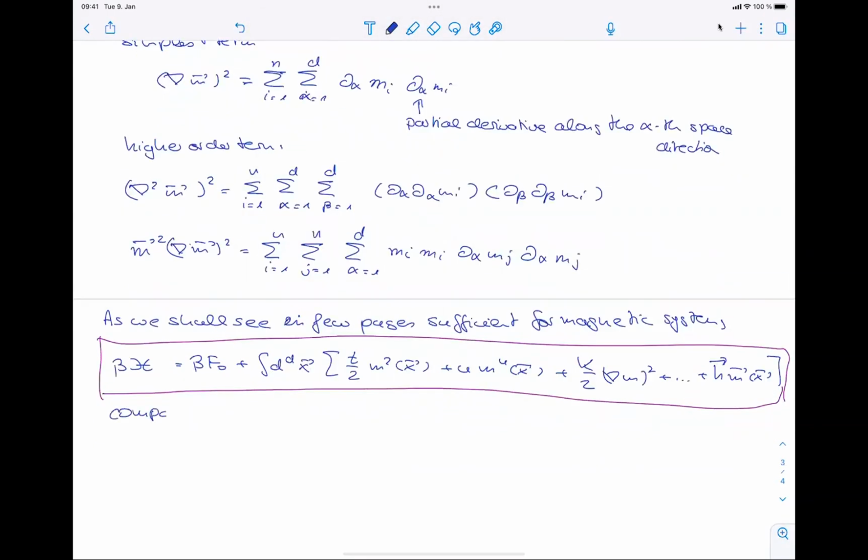Why should this look familiar to you? We can compare this to the mean field result, where the mean field was given by, let me just restructure, minus ln2 plus t over a half m squared plus a 12th tc over t m to the power 4 minus mh.